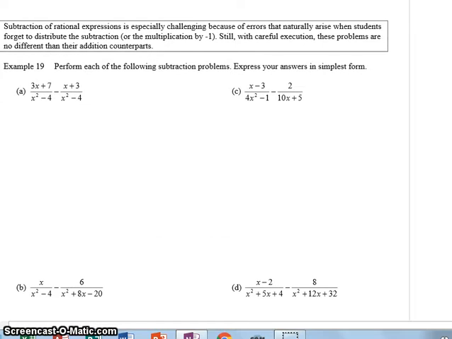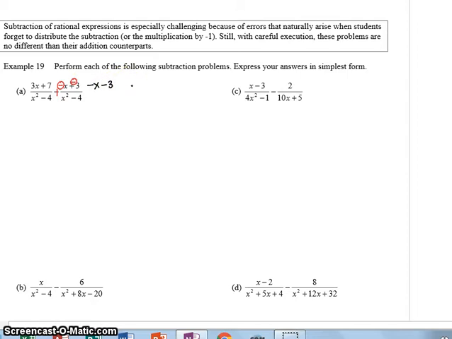Alright, last example here. Now, subtraction. So be careful. Subtraction has to change this to positive, and then it hands out the negative to everything that follows it. So that numerator up there, guys, that numerator is really negative x minus 3.